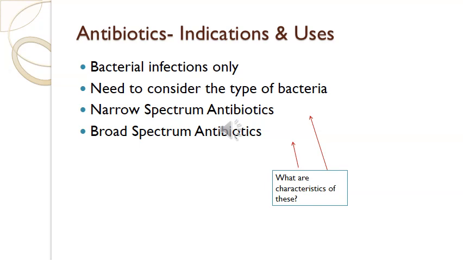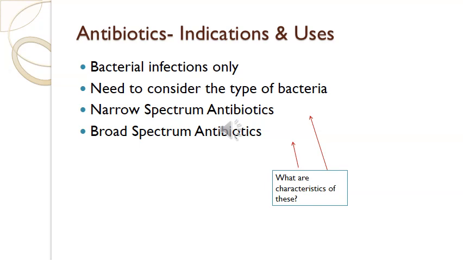A lot of times when you don't find what specific bacteria is causing the problem, a broad spectrum antibiotic will be prescribed, versus if you know what the specific microorganism is, that will call for a more narrow spectrum.